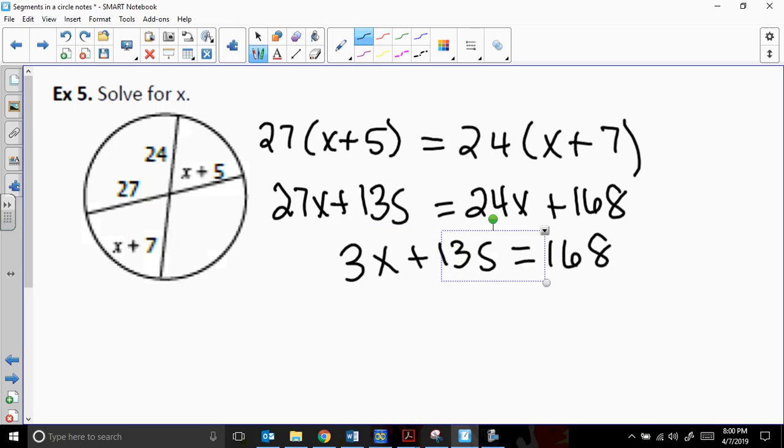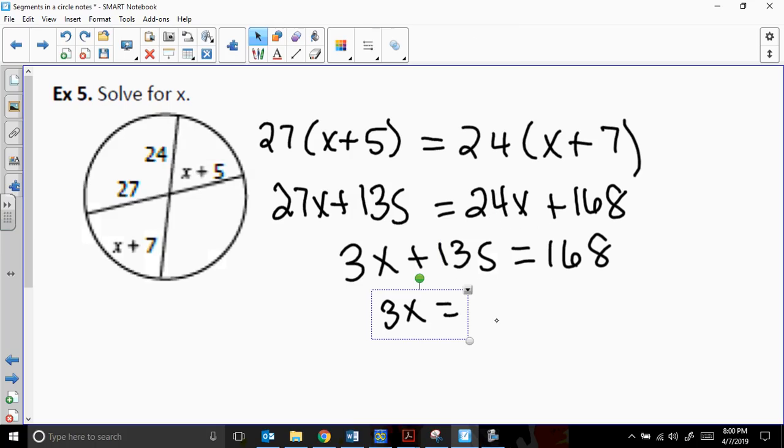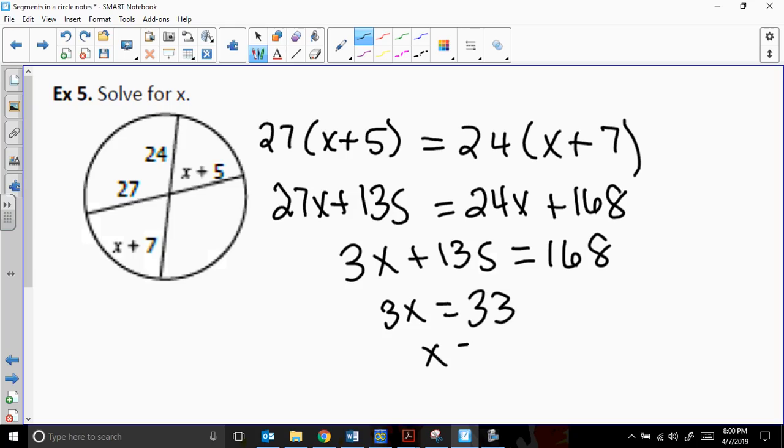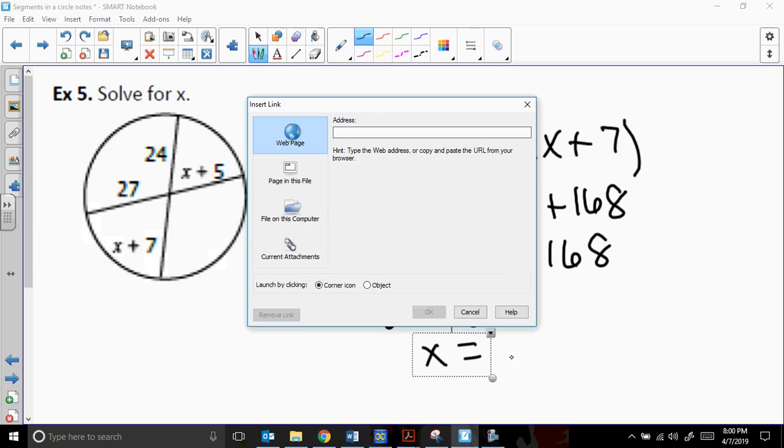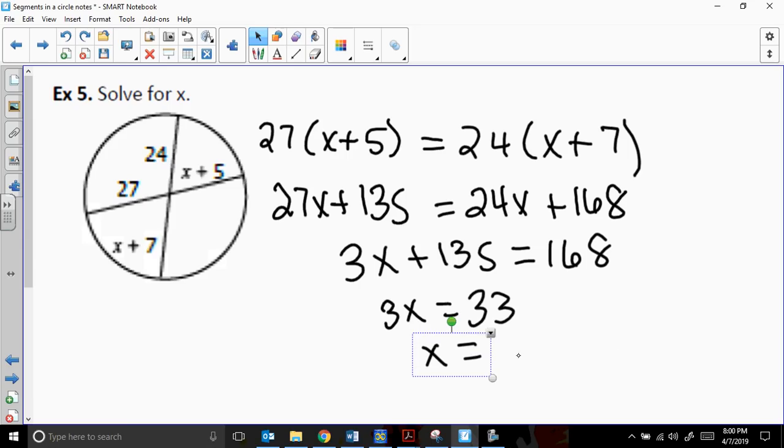And then subtract the 135 from both sides. So we get 3x equals 33. And so now x is equal to 11. And that's what we're looking for.